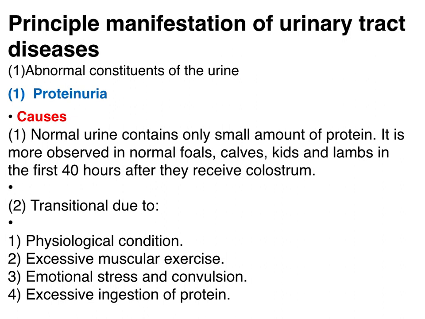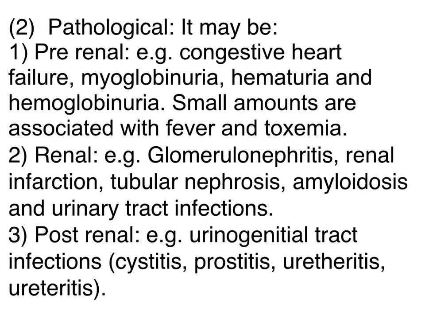It is more observed in normal foals, calves, kids, and lambs in the first 40 hours after they receive colostrum. السبب الثاني transitional, due to physiological conditions, excessive muscular exercise, emotional stress and convulsion, excessive ingestion of protein. فهذه المسببات الطبيعية. أما المسببات المرضية الباثولوجيكال it may be renal والتي مسببها الرئيسي هو congestive heart failure, myoglobinuria, hematuria and hemoglobinuria. Small amounts are associated with fever and toxemia.